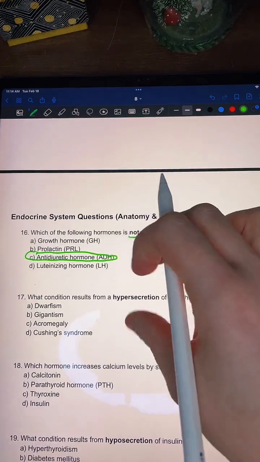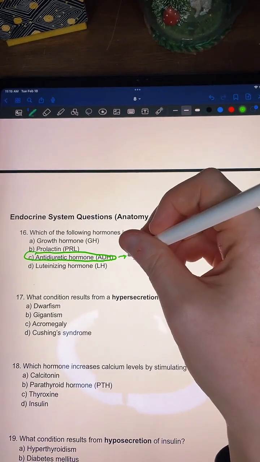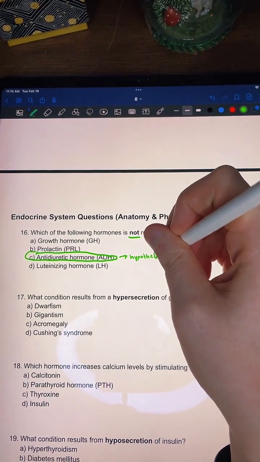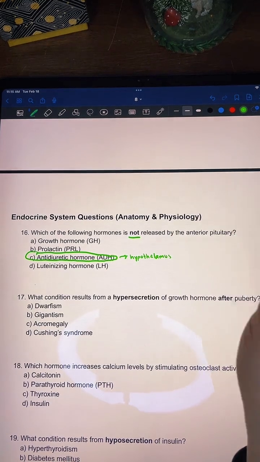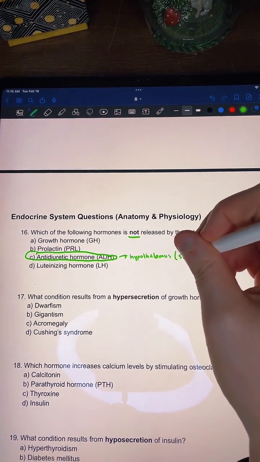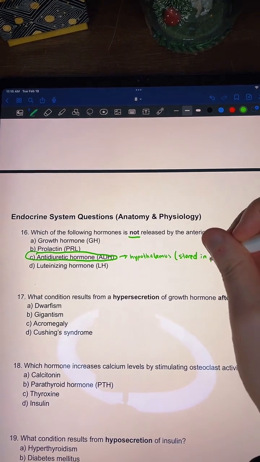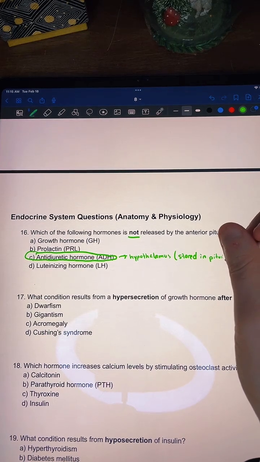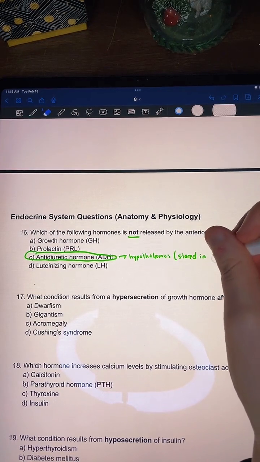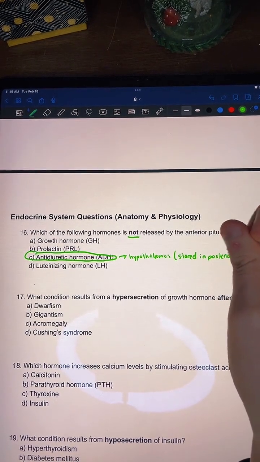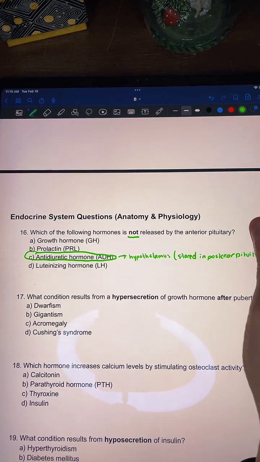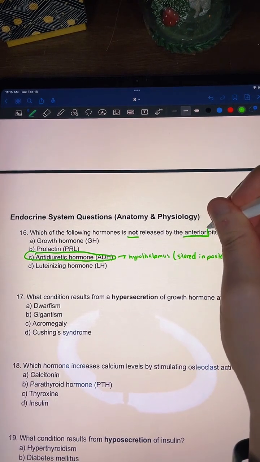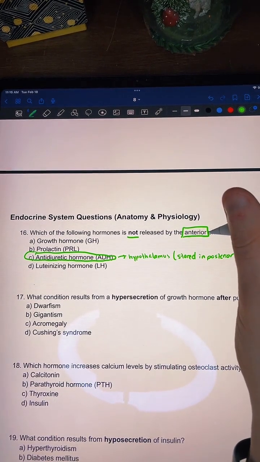ADH is actually produced by the hypothalamus, but it is stored in the posterior pituitary, and then released. So you have to remember we're talking about the anterior pituitary, which makes it a trickier question.